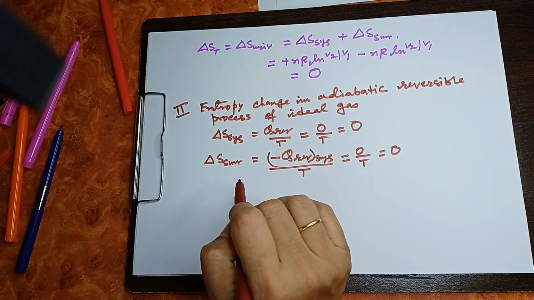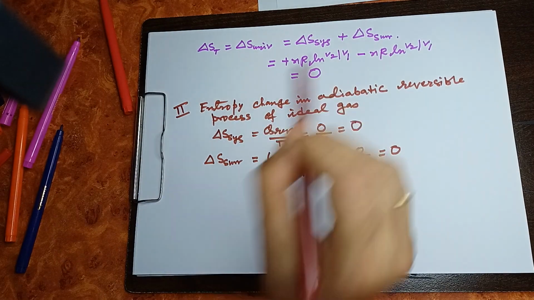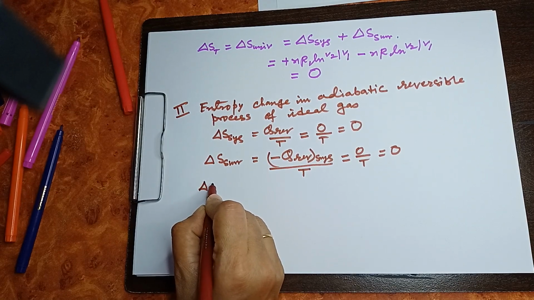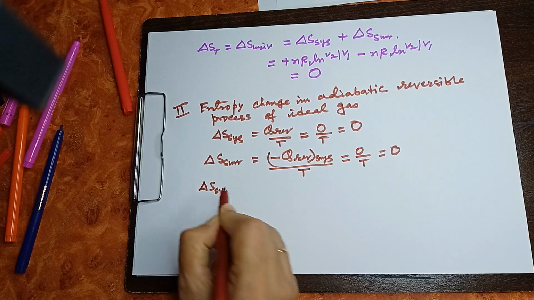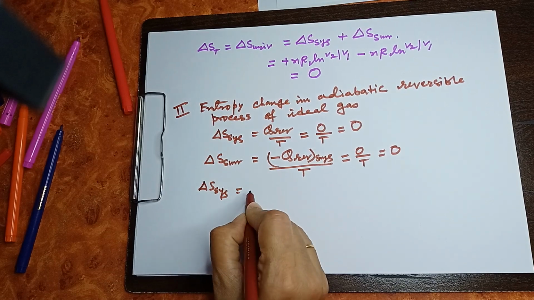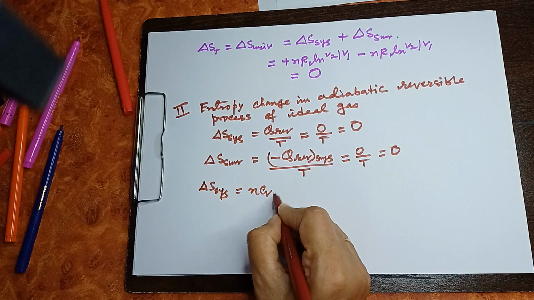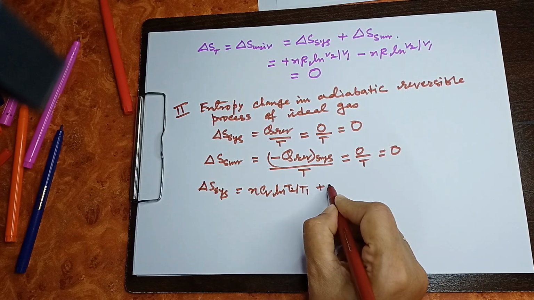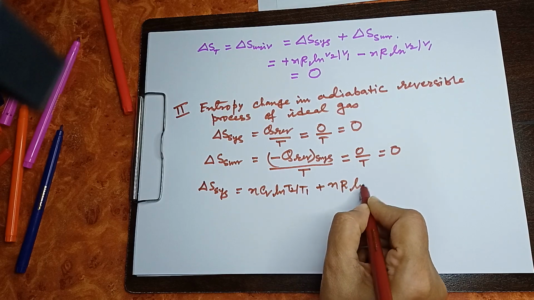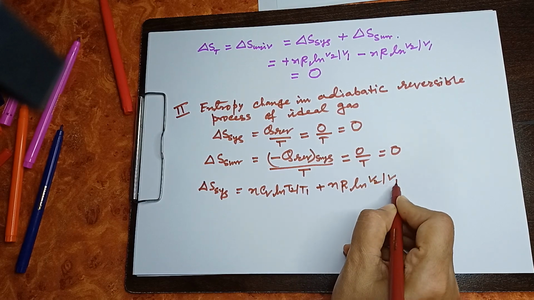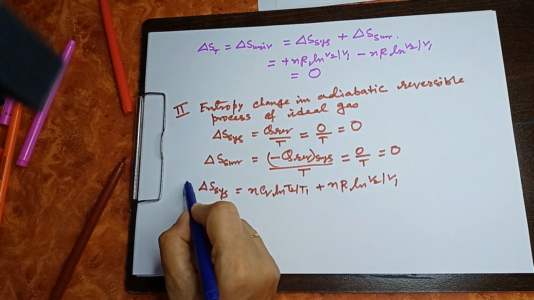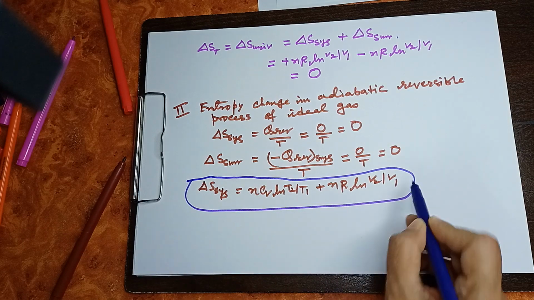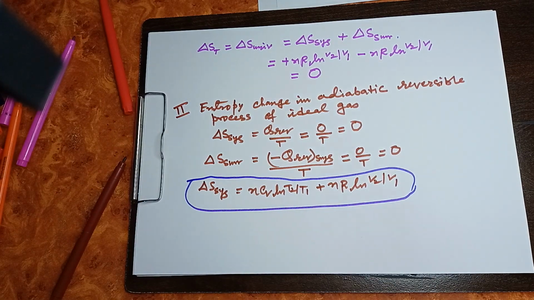The reason is that, you know the entropy change of the system, which I have already derived, is equal to nCv ln T2 by T1 plus nR ln V2 by V1. Now here, what happened in the adiabatic process?